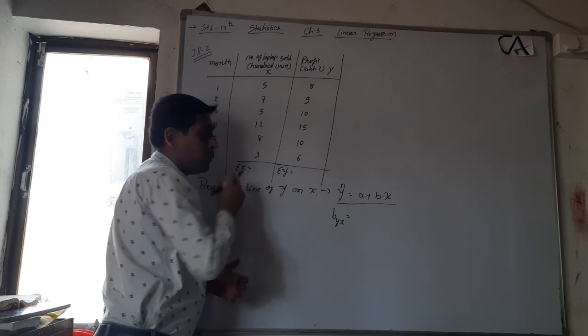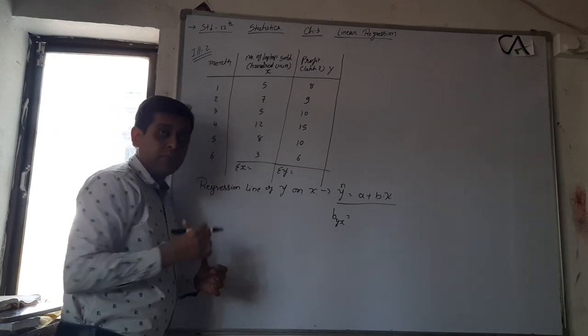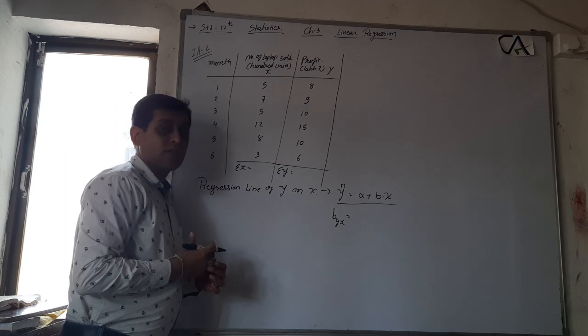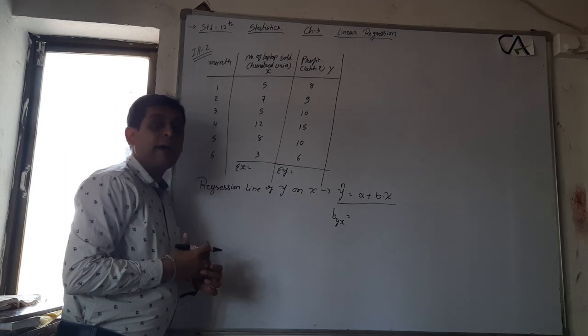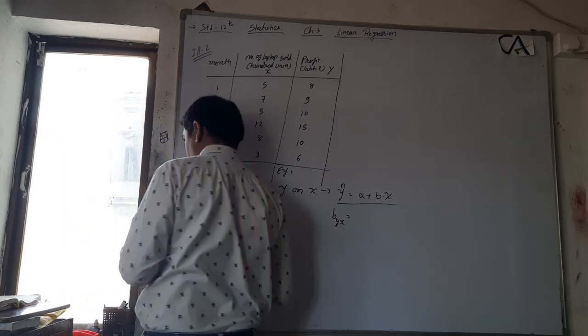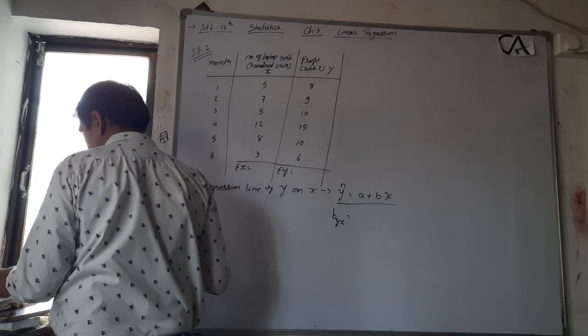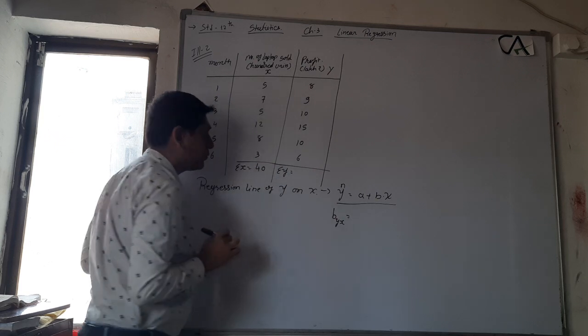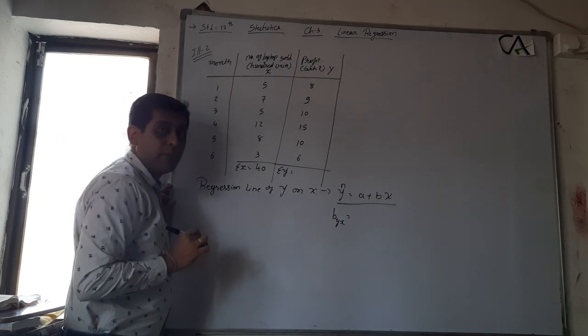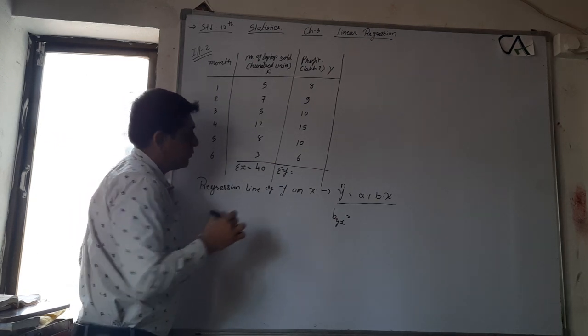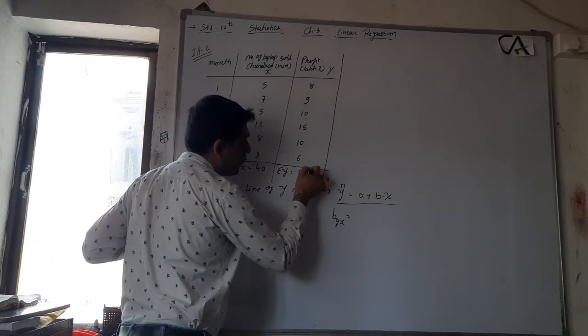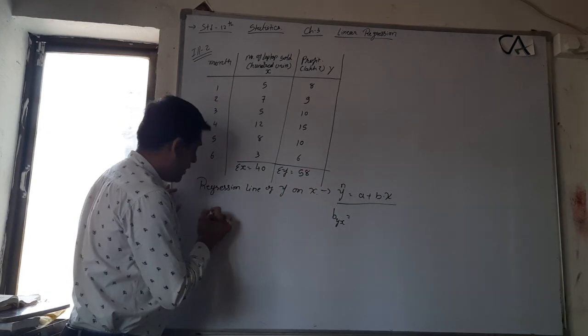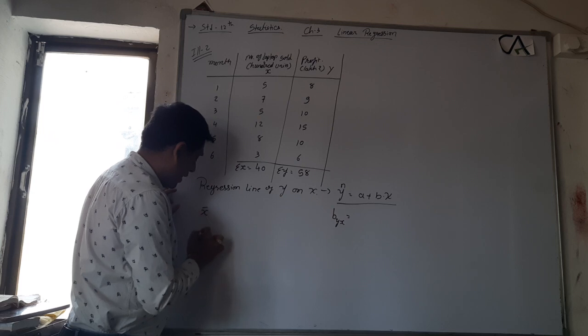So what is the total? Make the total of sigma x first. Calculate yourself. What is your sigma x? 40. Now what is your sigma y? Make the total. 58. Now find x bar and y bar.